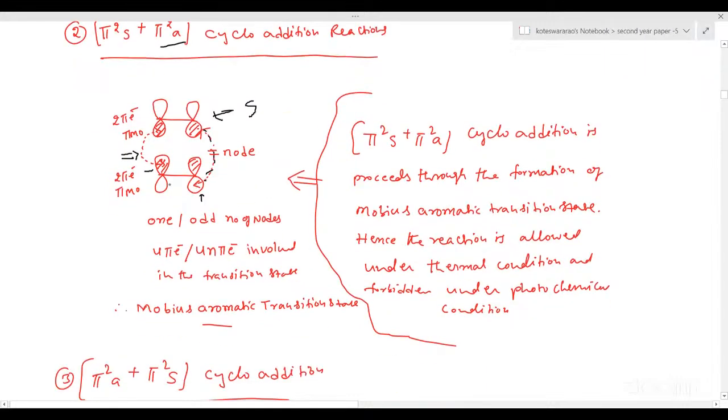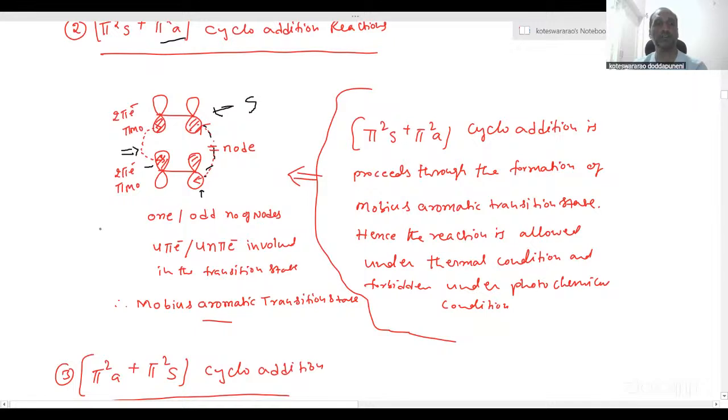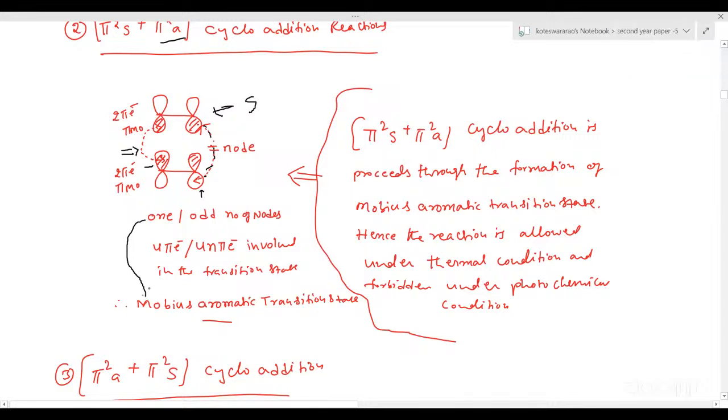One node. Therefore, the transition state involves one node, an odd number of nodes, with 4 or 4n pi electrons. Once it becomes odd, the transition state is Mobius, and the number of electrons involved is 4n. Therefore, it becomes a Mobius aromatic transition state.